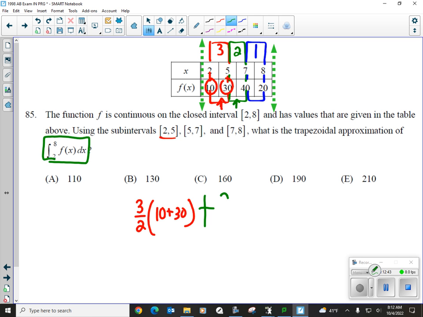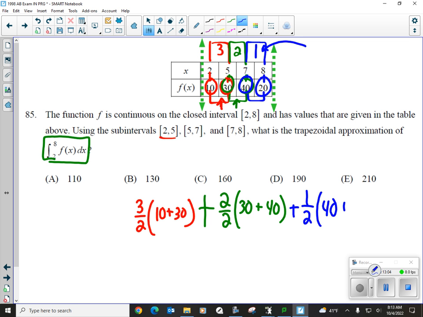I take my width of 2 over 2, and I just have book ends, 30 and 40. Then I add that to my blue area under the curve, which has a width of 1. I put that over 2, and the book ends are 40 and 20. The explanation is more work than the actual work.